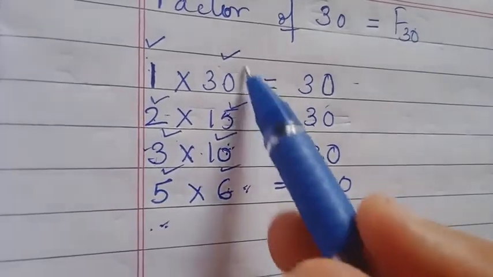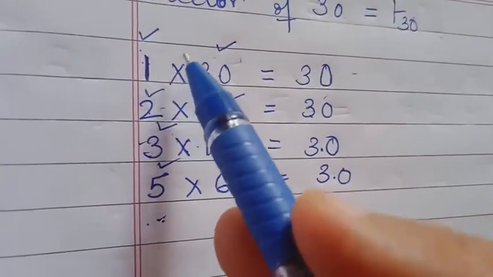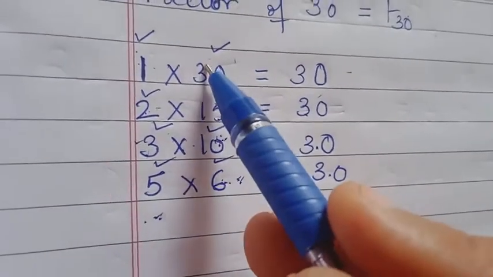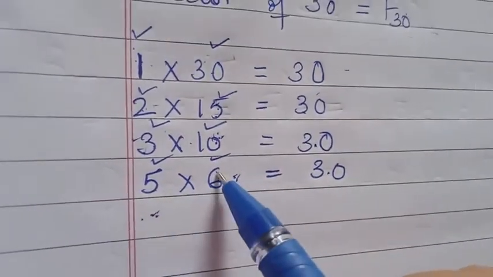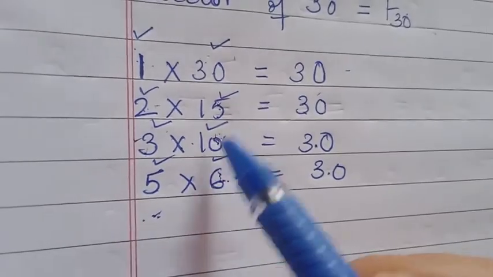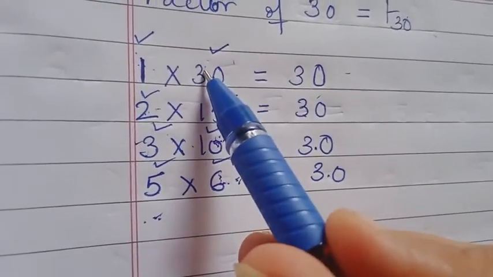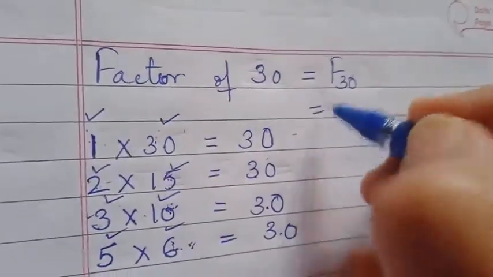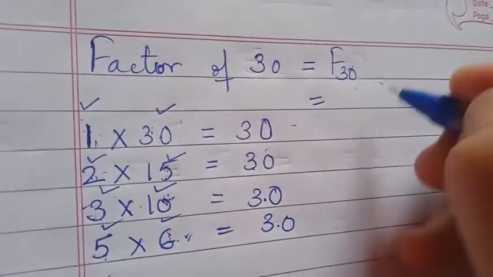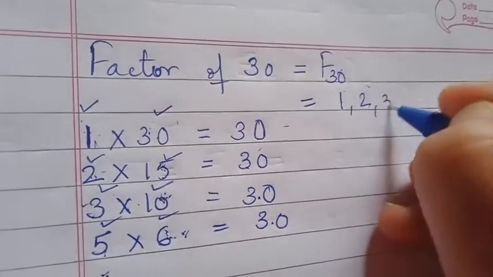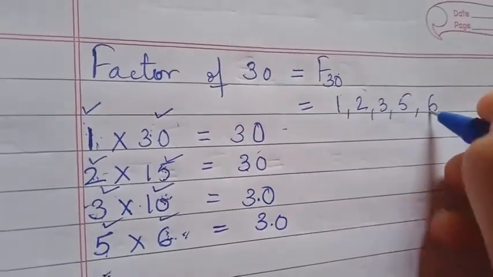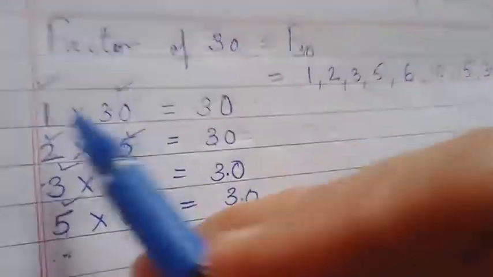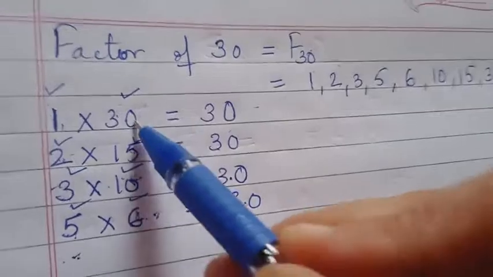So here we stop. The chain is 1, 2, 3, 5, 6, 10, 15, 30. So the factors of 30 are 1, 2, 3, 5, 6, 10, 15 and 30.